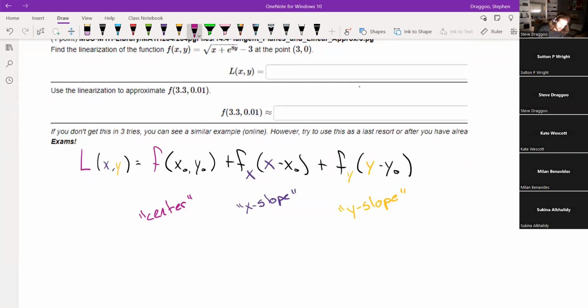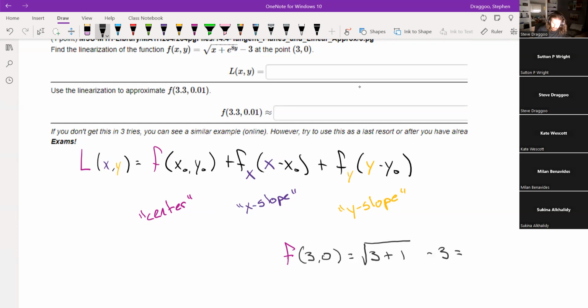And I'm going to need the function value. Let me grab that real quick. I need f of 3, 0. So figure out what I get if I plug that into the function. And I am going to get the square root of 3 plus e to the 0, which is 1, minus 3.